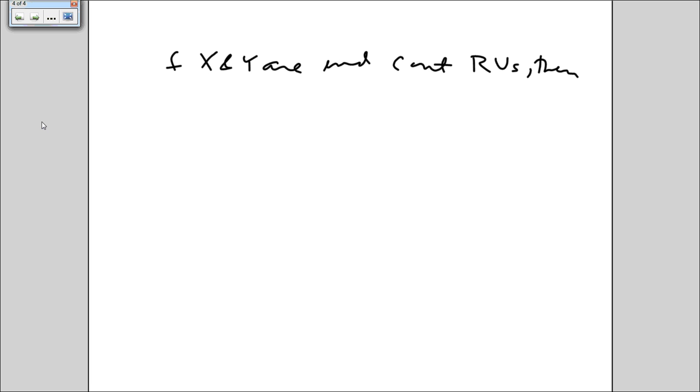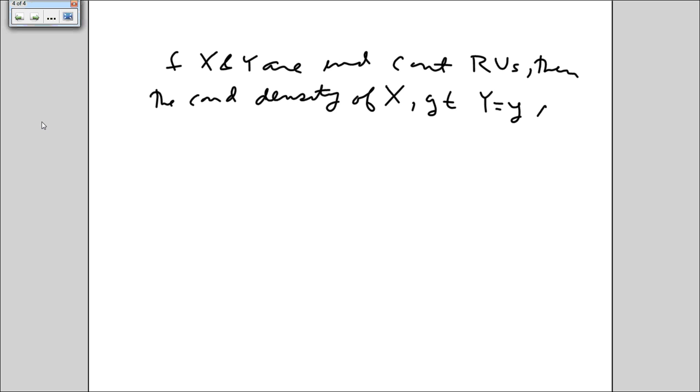Then, what's the following? Then, their conditional density of x, given that y is equal to little y, it's just going to be basically f of x.